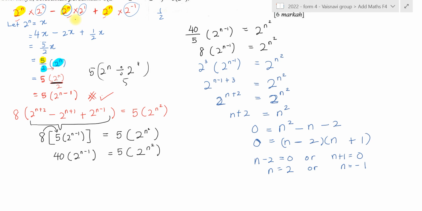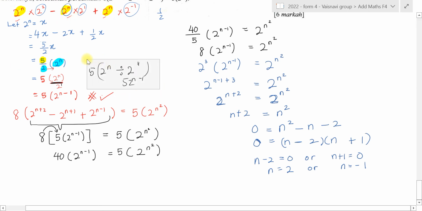What do we do with divide? It becomes n minus 1. Do you understand? Law of indices. This is power 1, that's why it becomes n minus 1. Any question?